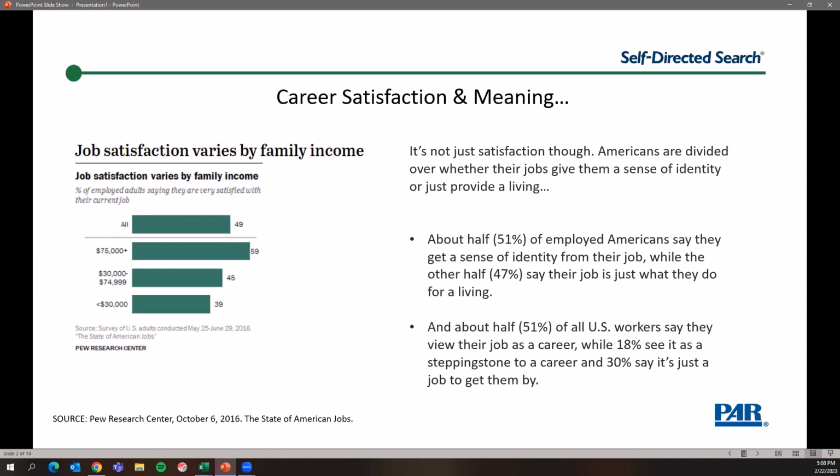But what it doesn't necessarily do, and many on the call may be able to attest to this too, is give you meaning, the importance of your career, giving you an identity. And again, over half of people, when asked, don't find their job to be meaningful, which is kind of in and of itself a shocking revelation. But that's something that we can try to help with, and that career assessments can help with.